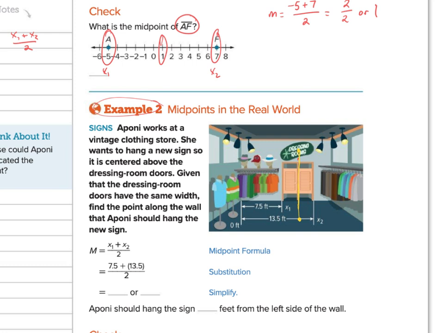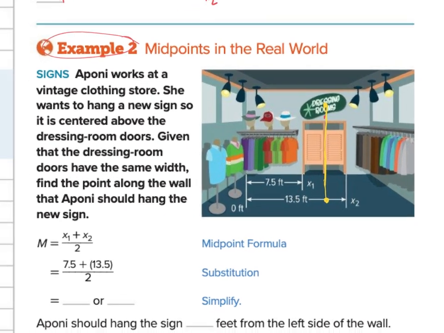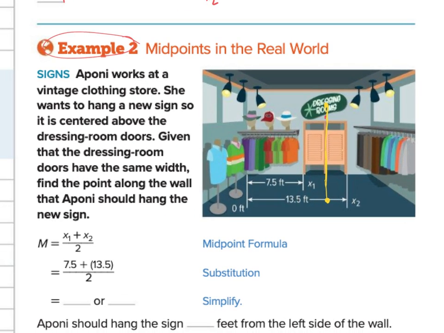How am I going to do that? They've come up with some stuff, but if we just think about a number line, if I take the corner of the wall and say that is 0, and then I travel over here, this is 7.5 feet, and this is 13.5 feet, because those are my distances.